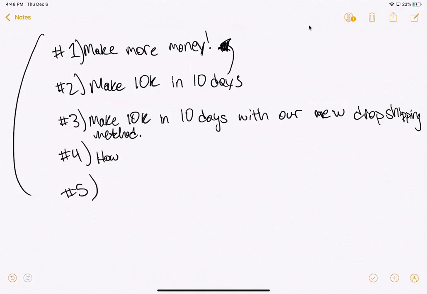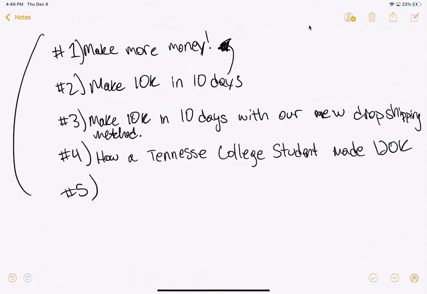I don't know, something like that. But he'll target people by state and say something like, a Tennessee college student made 120K selling drop shipping products online.